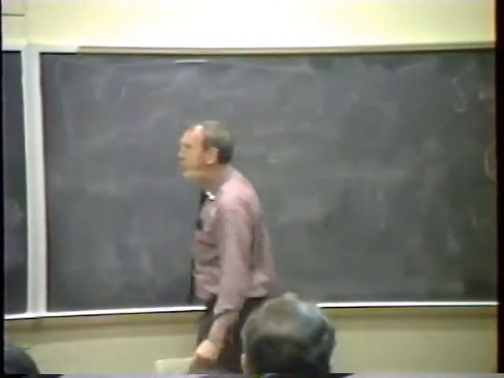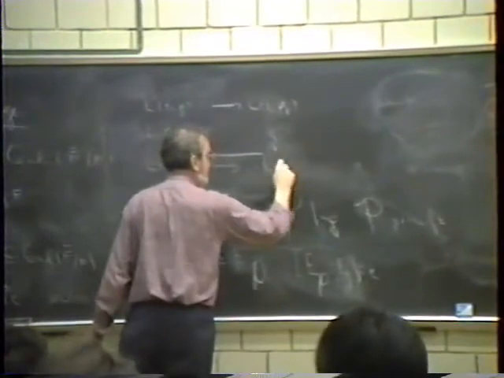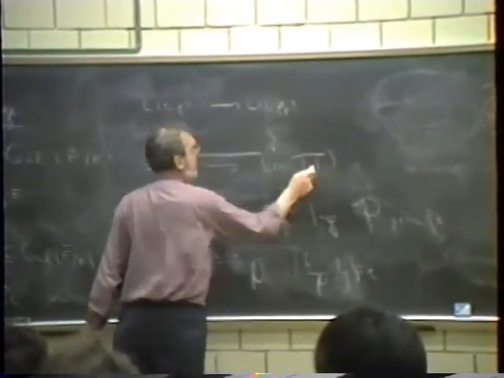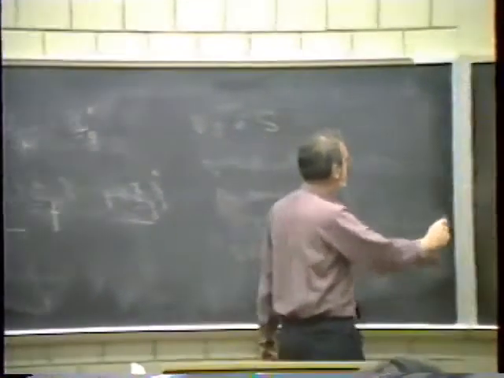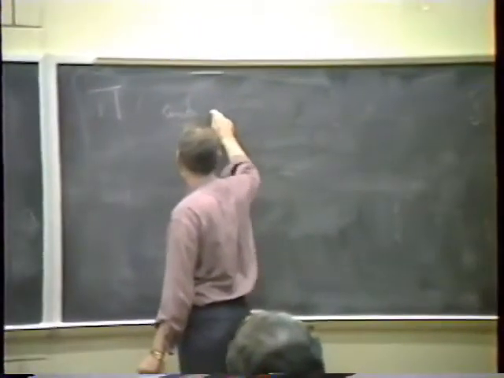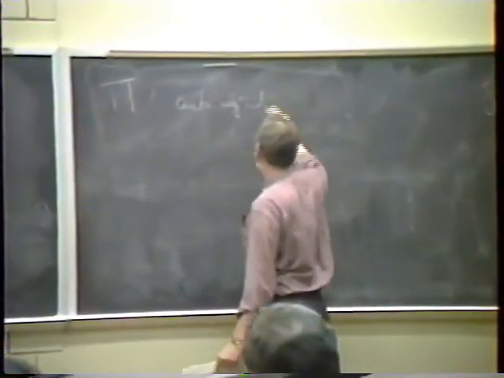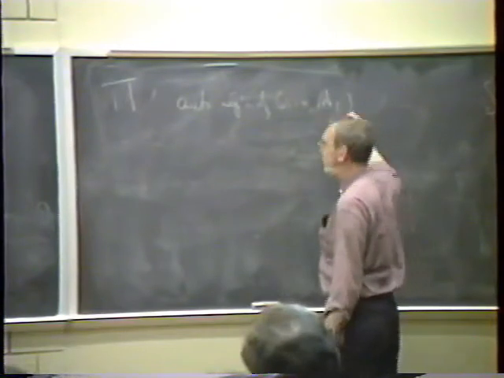So I want to say, what is this object? This object corresponds to something else, capital pi. Capital pi clearly should be an automorphic representation of GLN, but with respect to the bigger field.